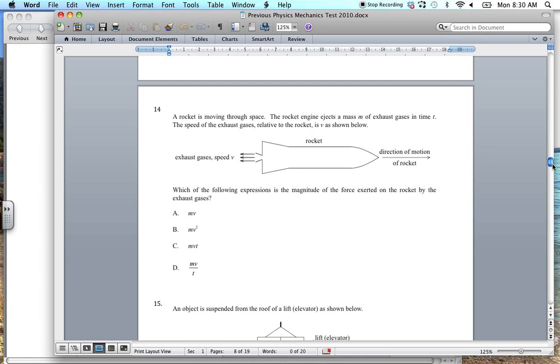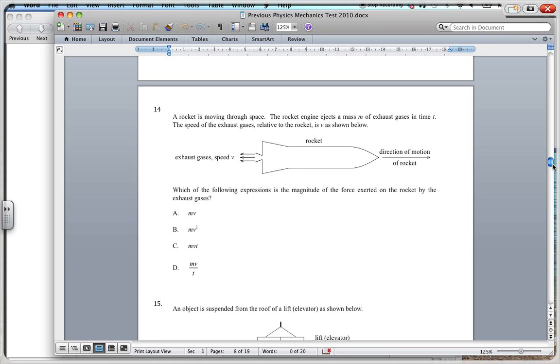Now firstly let me just make the important point that whenever we're dealing with a situation where you've got some object and something happens to the object, either it collides or there's an explosion and something changes, we need to be thinking of conservation of momentum, conservation of P. Remember, P is the symbol for momentum.